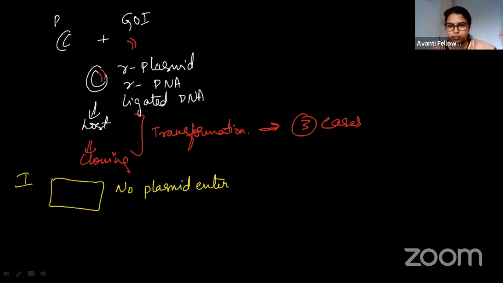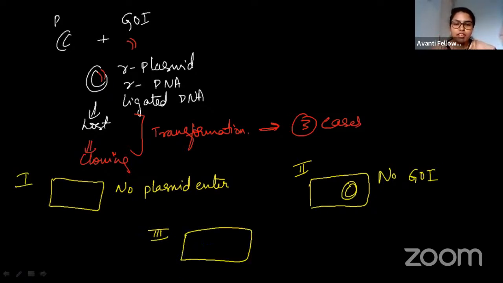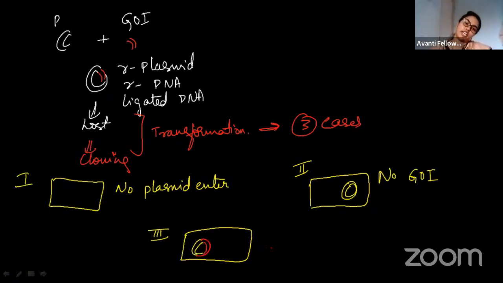This is one case. In the second case, in a bacteria, the plasmid has entered, but there is no gene of interest. The third case: inside the bacteria, we have the plasmid with the gene of interest. So these are the three cases we might get after the transformation.